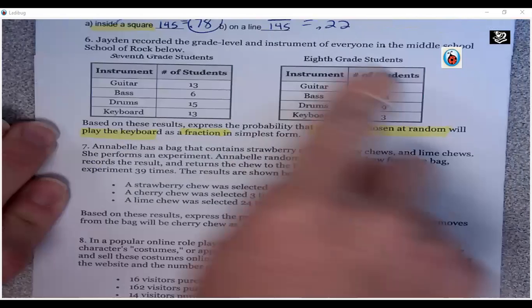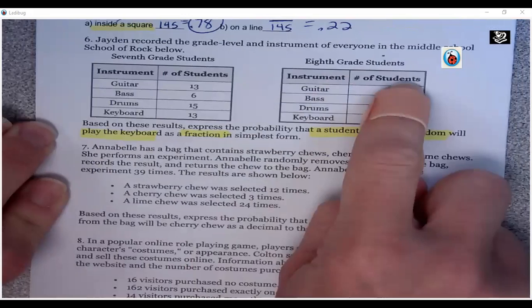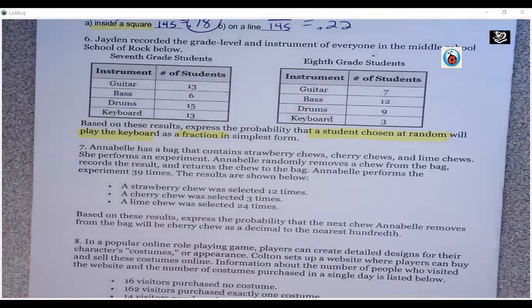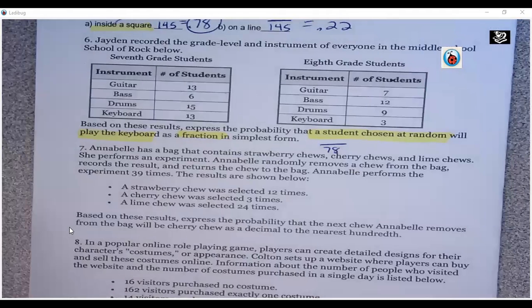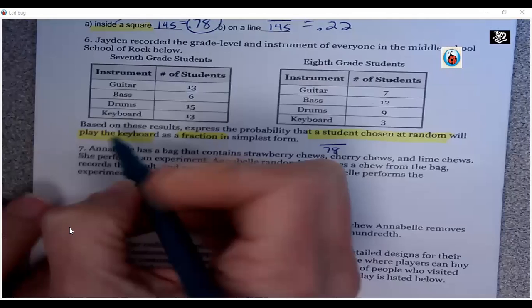So we're choosing from all of these students. Somebody add these up, add all the numbers up and tell me what you get. 78. 78, can anybody else confirm that? Yeah, I got 78 as well. All right, so 78 is our total. And then we want them to play the keyboard.